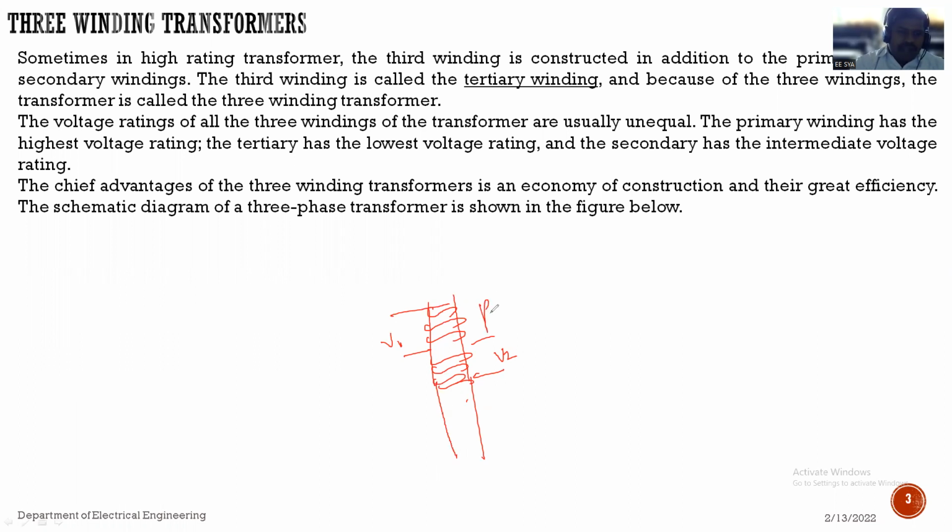In addition to this primary and secondary, we construct another winding on that same limb. So it will induce an EMF, suppose a voltage V3 is induced by this winding. This is the extra winding, the third winding, which we call the tertiary winding, and due to the tertiary winding being connected, this transformer is called a three winding transformer.